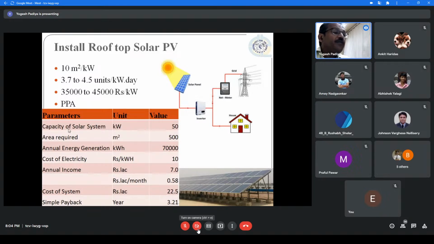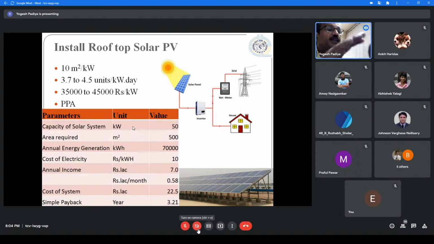So if you have installed a solar panel of 50 kilowatt, then we require approximately 500 meters square area. It will generate 70,000 units in a year, and then suppose the light bill is coming at 10 rupees per unit, you can save 7 lakh rupees per year or 0.58 lakh rupees per month, and the cost of the system will be 22 lakh. So within 3 years, the whole cost you have incurred will be recovered.